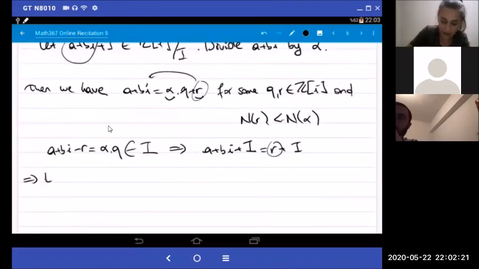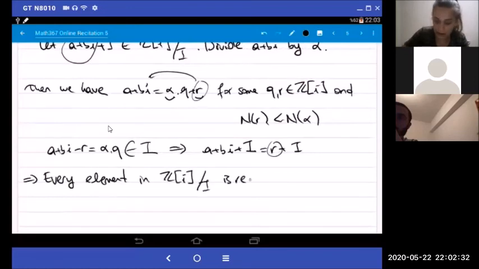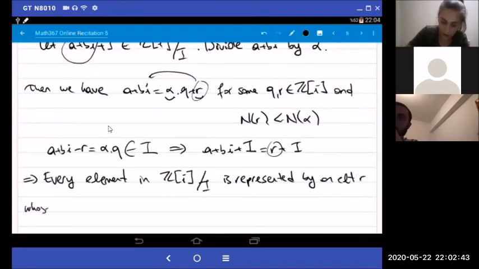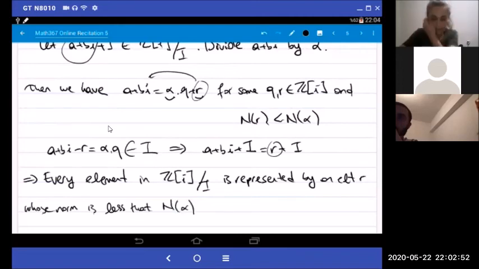Let us write this in words. This means that every element in Z[i]/I is represented by an element r whose norm is less than the norm of alpha, N of alpha.